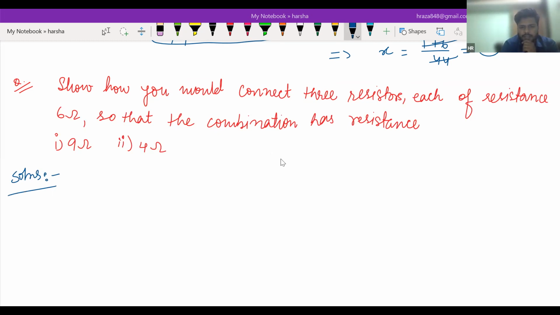Okay, just see, this is basically the hit and trial method. You can see three 6 ohm resistors are there, and we are going to get an equivalent resistance of 9 ohm first.